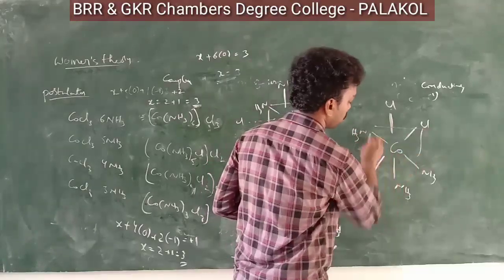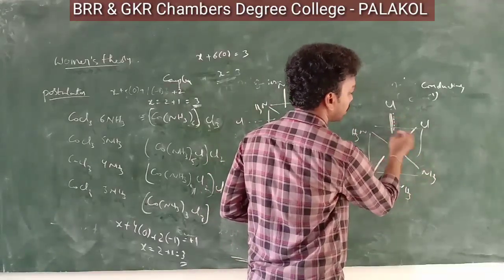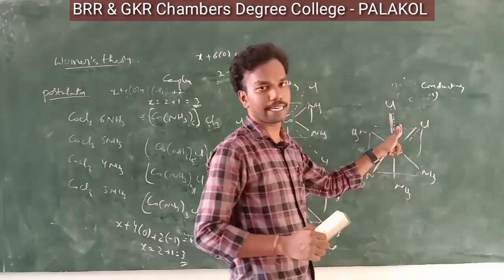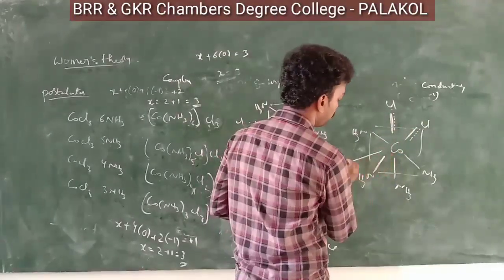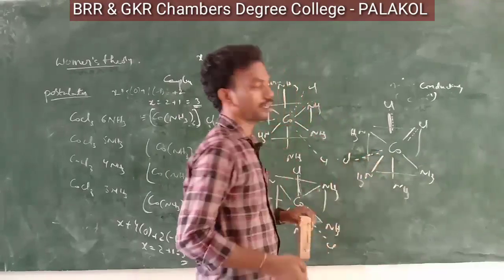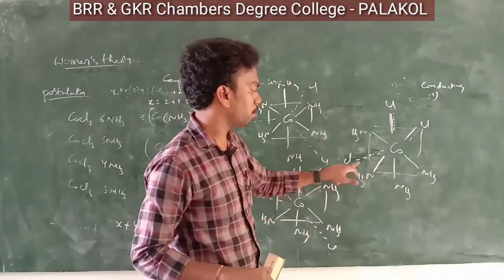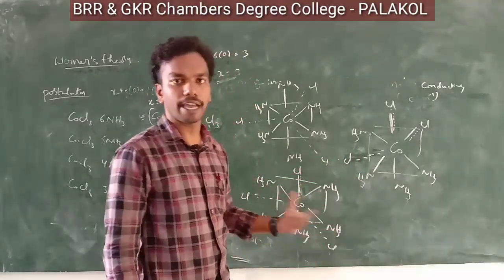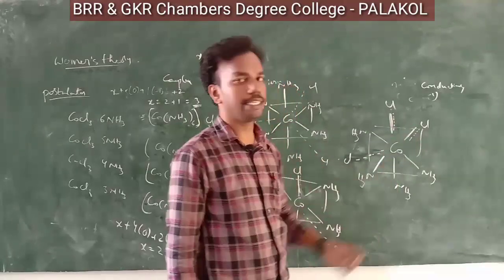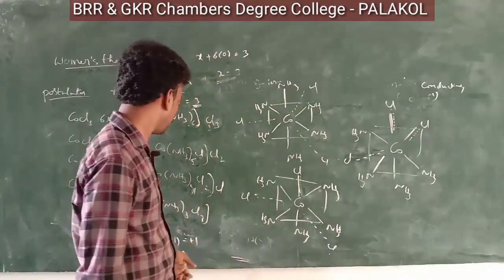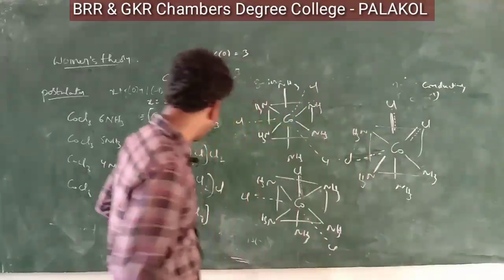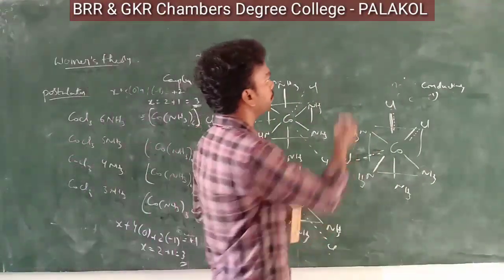So these two chloride ions are satisfying both primary and secondary valency, and the third one can be represented with dotted lines. So only this chloride ion is available in ion form, that is Cl minus. NH3 four times.